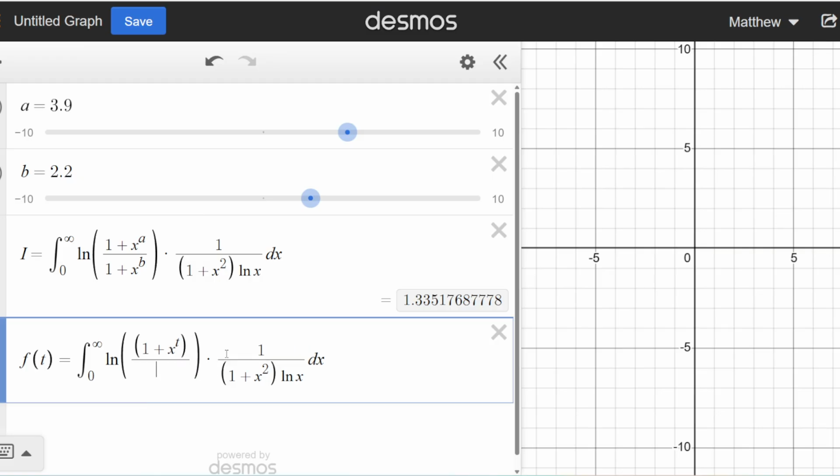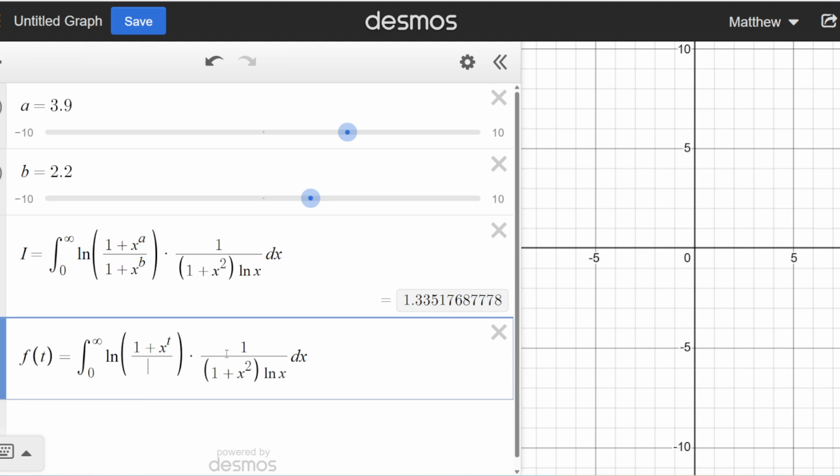Let's go ahead and actually have our f of t be natural log of 1 plus x to the t over 1 plus x to the b. All right. Oh, well that definitely converges. Okay.